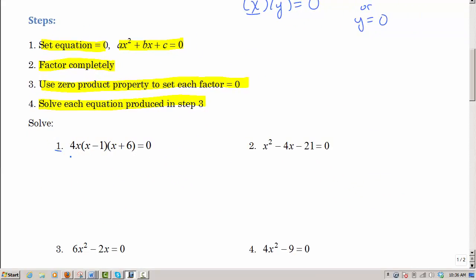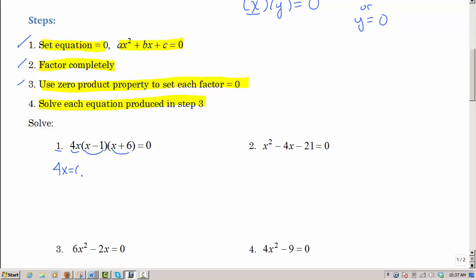Looking at number 1. Well, it's equal to 0, so that's done. It's also factored for us, so we don't need to do that. So the third step is to use the zero product property to set each factor equal to 0. Alright, I have 1, 2, 3 factors.